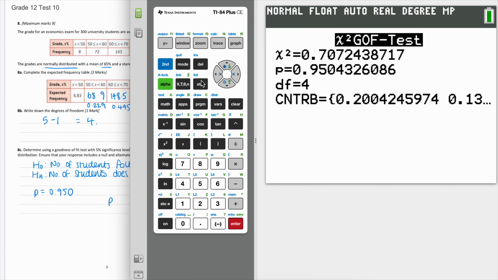So the p-value is much bigger, a lot bigger than the significance value of 0.05. And therefore, we are going to accept the null hypothesis, and therefore the students do follow a normal distribution.